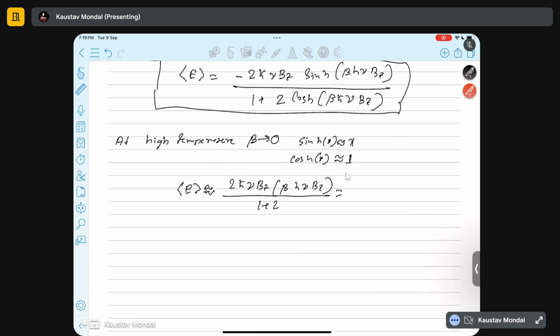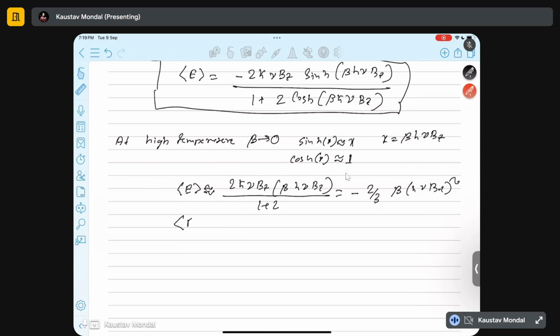Here x is basically beta h nu Bz. So it will become minus 2 by 3 beta h squared nu squared Bz squared.